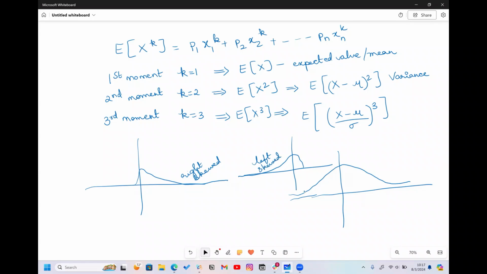It's not symmetric. So when this value is greater than 0, it is positively skewed, which means the tail is towards the right. If it equals 0, it is symmetric. And if it is negative, it is negatively skewed, with the tail towards the left. So this is about skewness.